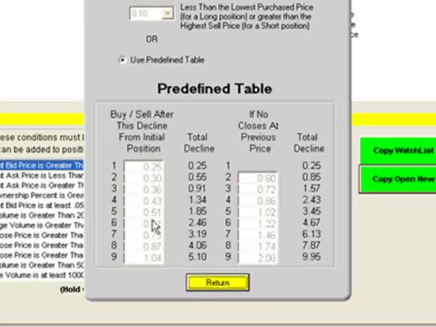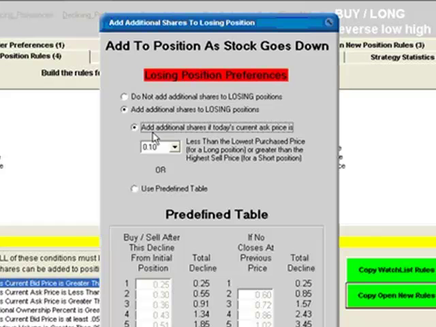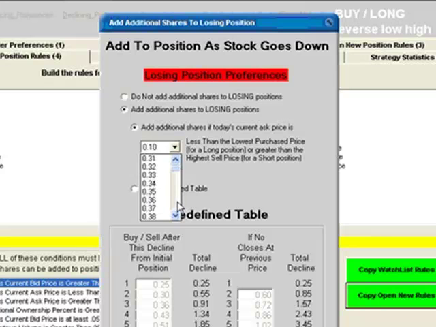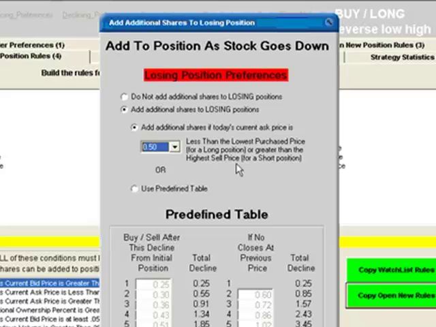Now you don't have to use this predefined table. Many folks, when they're doing their strategy, could say, add additional shares if today's current ask price is, let's say, 50 cents less than the lowest purchase price for a long position or greater than the highest sell price for a short position.